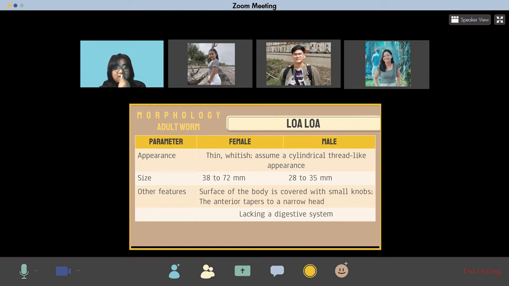Other features include a body surface covered with small knobs, an anterior that tapers to a narrow head, and the lack of a digestive system. Also, the adult worm becomes apparent as it enters the conjunctiva of the eye, hence the popular term African eyeworm.